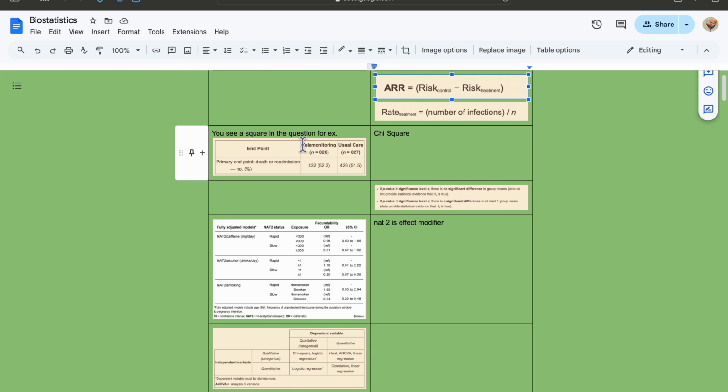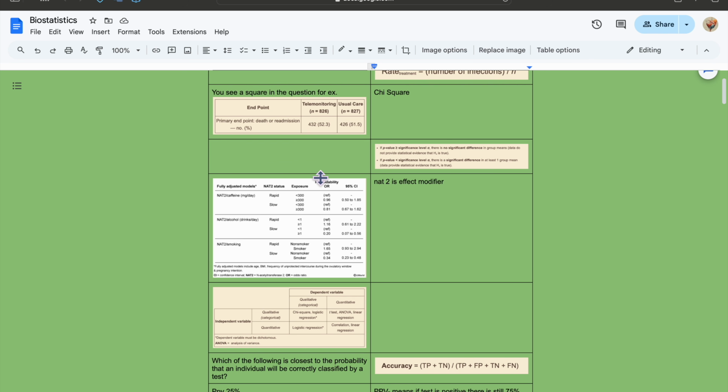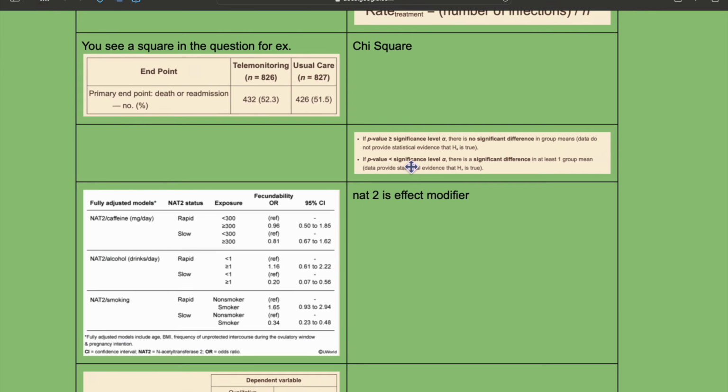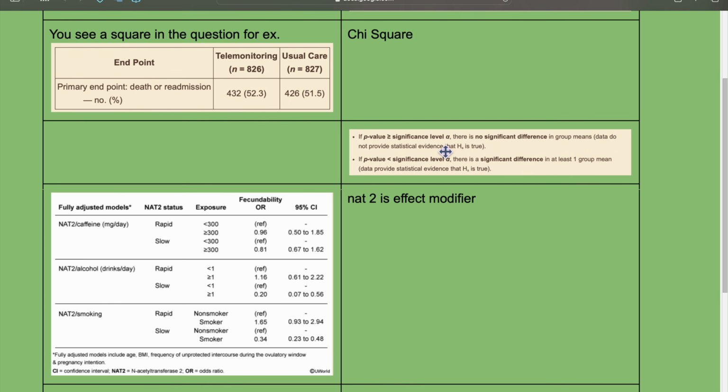If you see a square in the question, for example like this, it's chi-squared. If p-value is more than significance level of alpha, there is no significant difference in group means. Data do not provide statistical evidence that HA is true. So say alpha is 0.03 and p-value is 0.05.